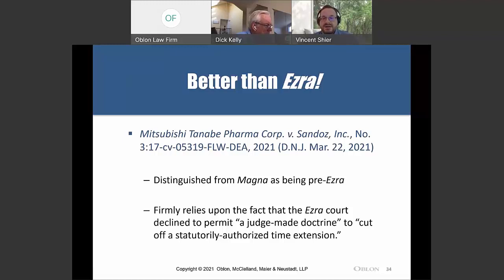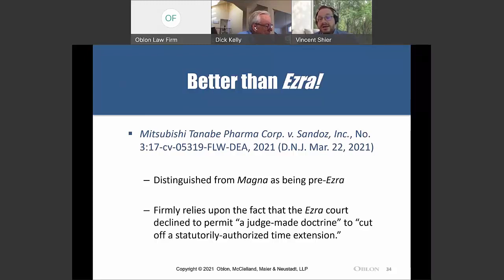It's another district court. But looking at Magna, Judge Wolfson says that they're all pre-Ezra. Ezra changed the game. Ezra looked at really whether a judge-made doctrine like double patenting should be allowed to cut off the statutorily authorized time extension.